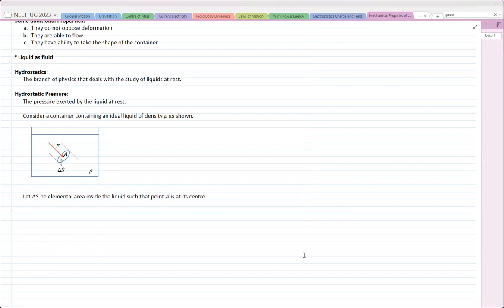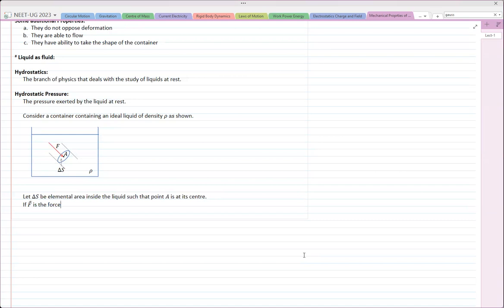अभी उसमें F लिखा है. Now, if F is the force exerted by the liquid, okay, F vector नहीं लिख रहा हूं मैं, वेक्टर लिखो, F bar लिखता हूं, चलो, let's make it vector.